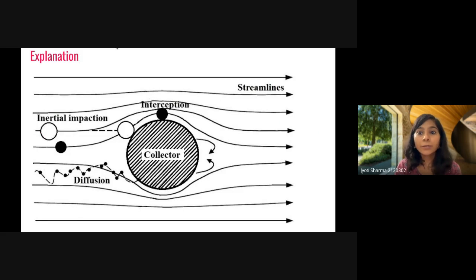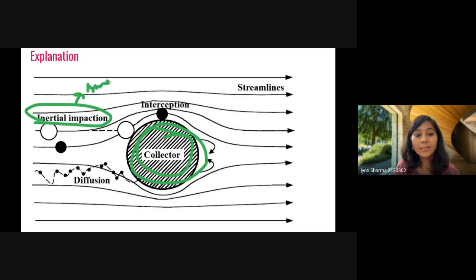So here is what I wanted to show you. If this is our collector, or let's say fiber, and the gas is coming, that gas has some particles. That particle may be collected due to inertial impaction whenever the size is small.